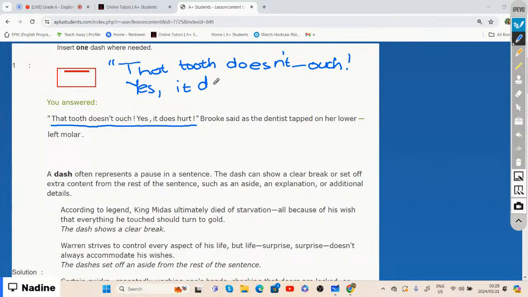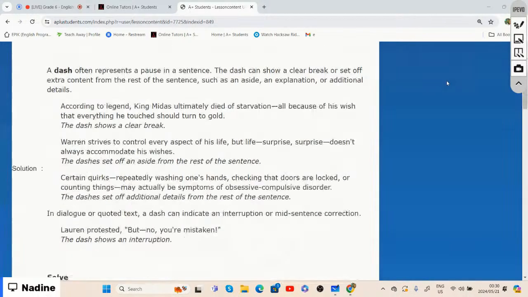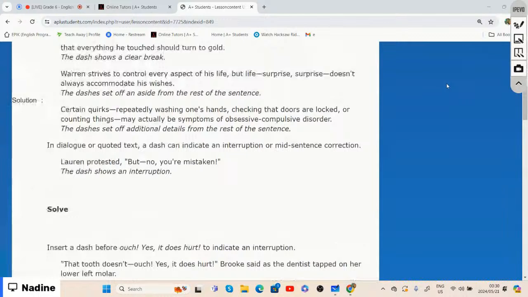Yes, it does hurt. Because at first she's trying to say that this tooth doesn't hurt, but then she gets interrupted by the pain. And before she can even complete the sentence, she's like, that tooth doesn't, ouch. Yes, it does hurt. So we added our one dash that showed interruption within that quoted sentence.